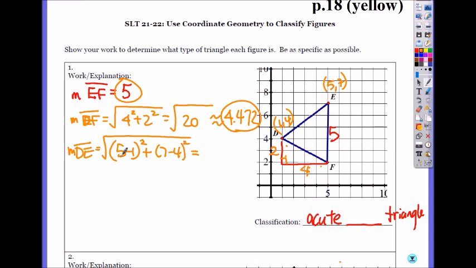So I get square root of 4 squared is 16, 3 squared is 9. So square root of 25 equals 5. So what can you say about this triangle? It has 2 equal sides this way. So what is it called? It is an acute isosceles triangle.